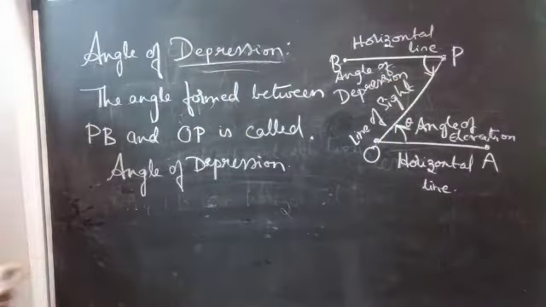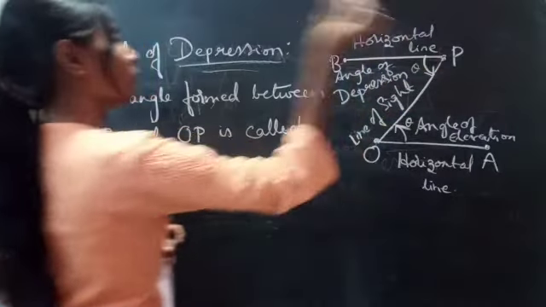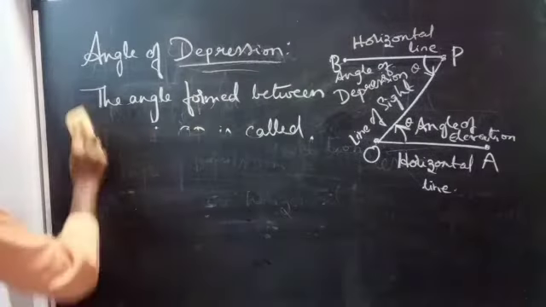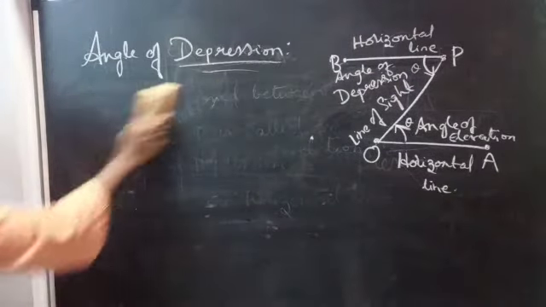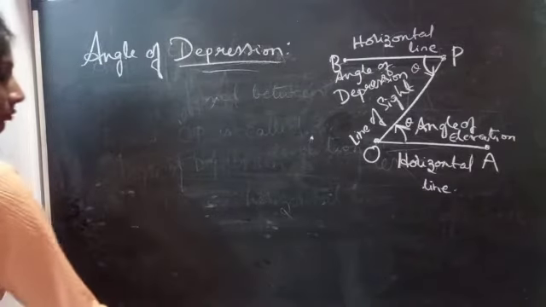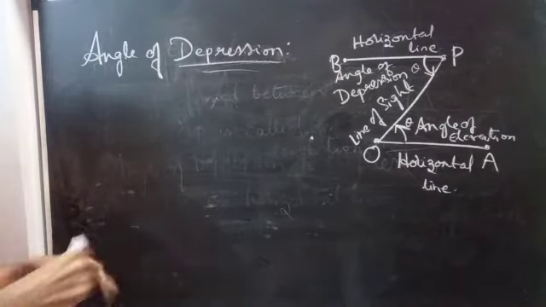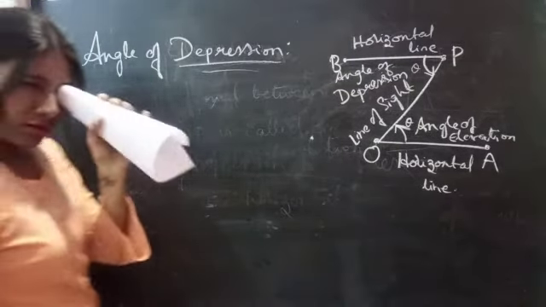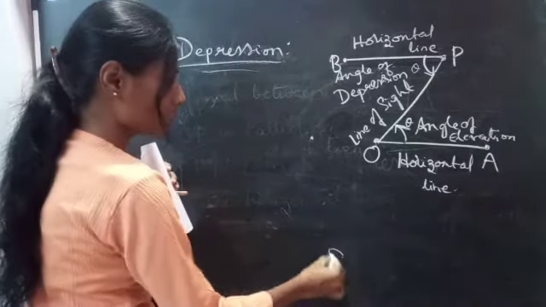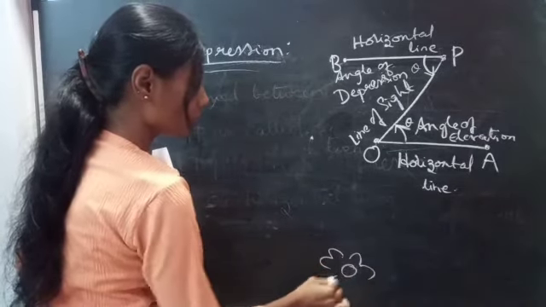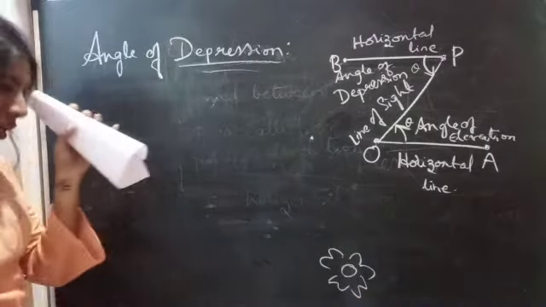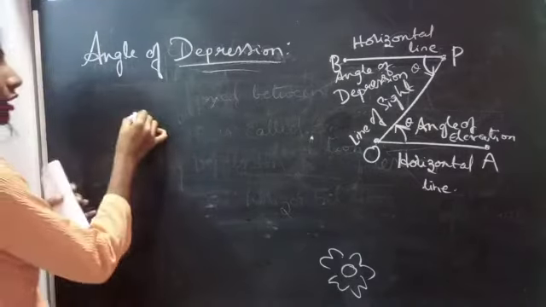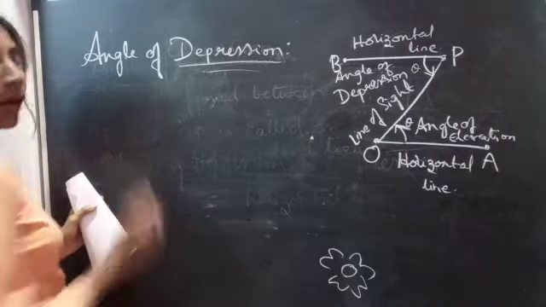Now, when you look down at some flower or a pet or something, when you look down at this flower, here you are making angle of depression.